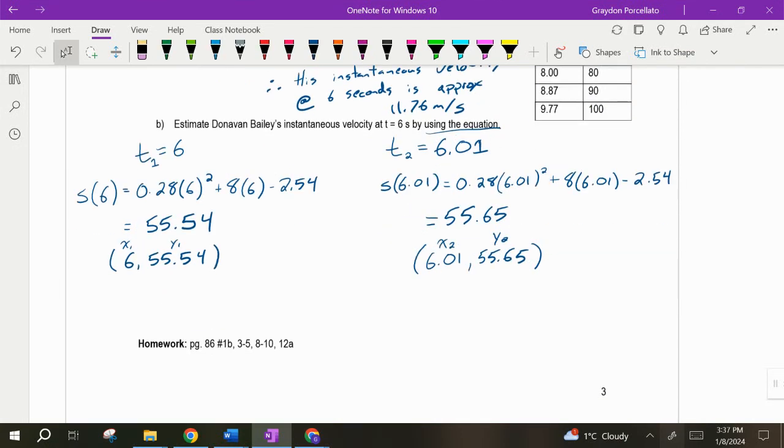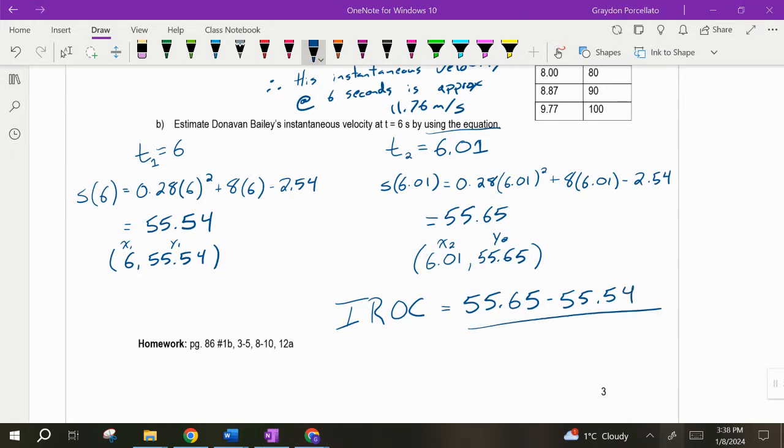And now all I'm going to do is calculate. So my IROC is equal to my y2, 55.65, minus my y1, 55.54, all over 6.01 minus 6, which gives me an answer of 11 meters per second.